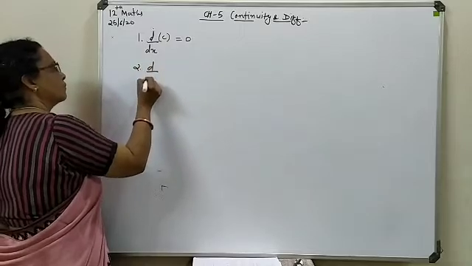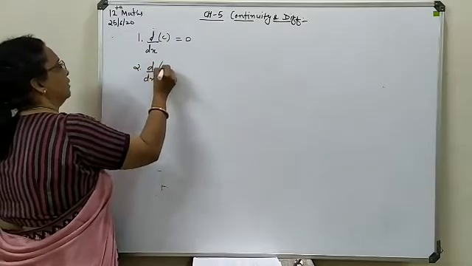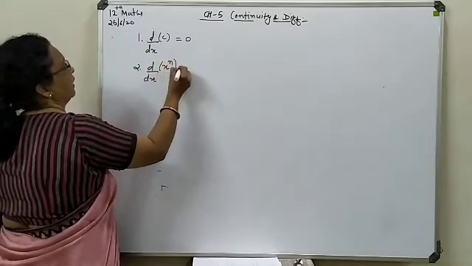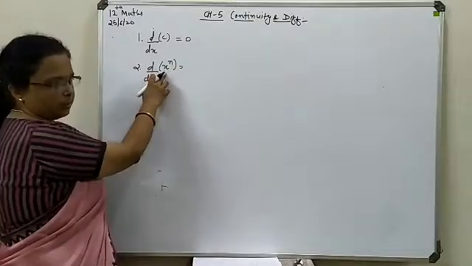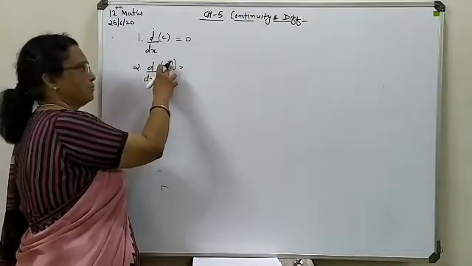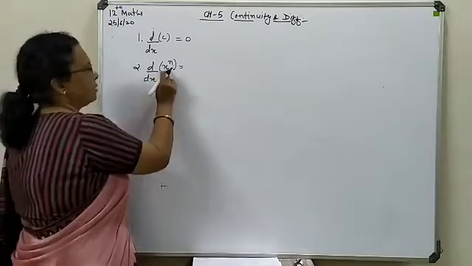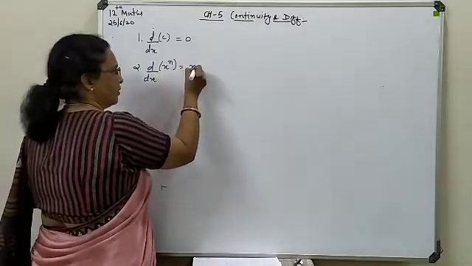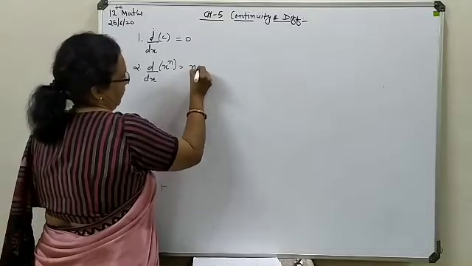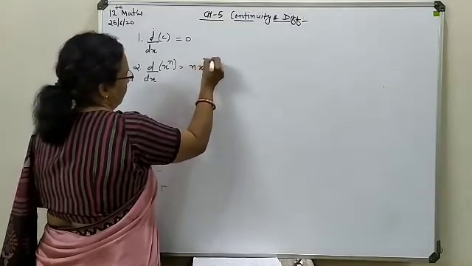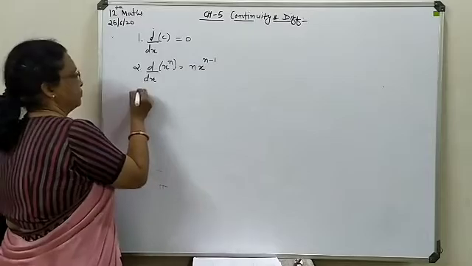Secondly, differentiation of the term with x power n, means the base should be x with power n, it may be fractional, plus, minus, anything. So at that time, its differentiation you will write as n x power n minus 1.